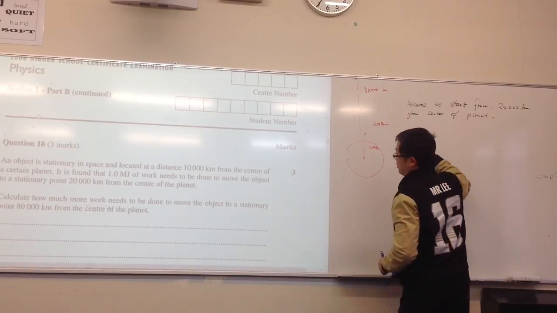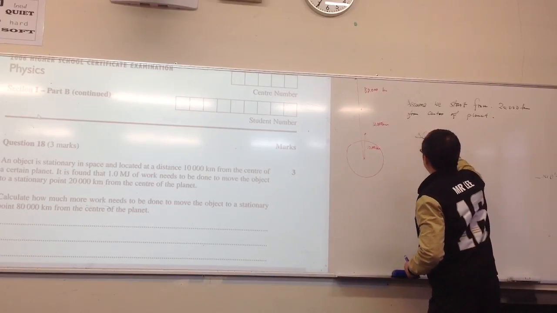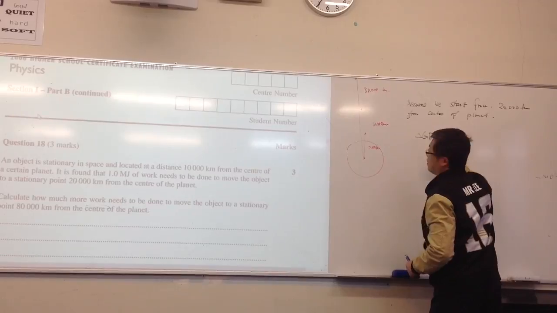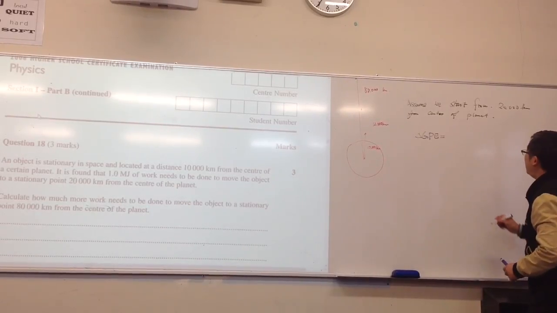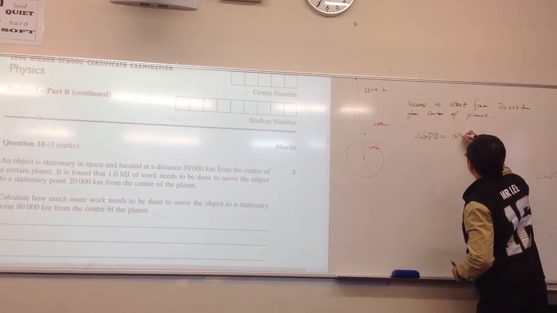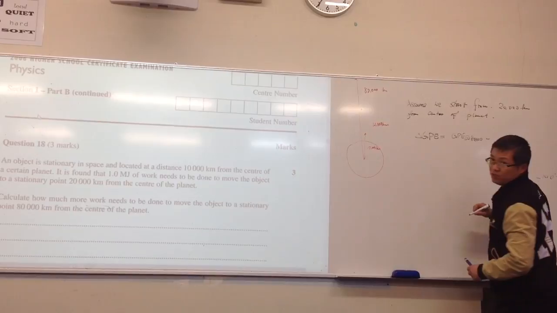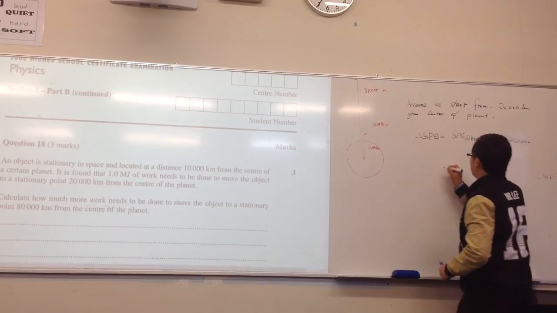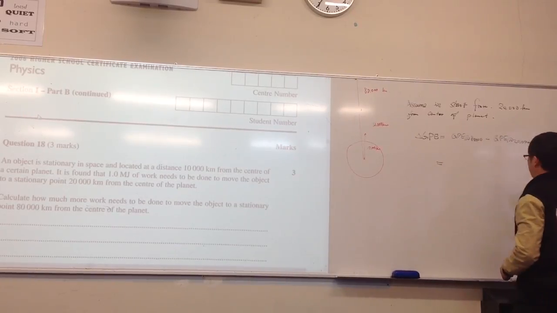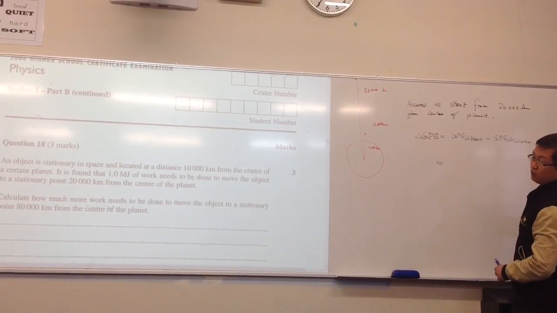And I hope you can appreciate that delta GPE, again, it's the change of GPE, not the absolute value of it, yeah, would be equal to GPE at 80,000 minus GPE at 20,000. So in this case, all you have to do is substitute this thing up there, because that stands for GM1, M2 up there, right?